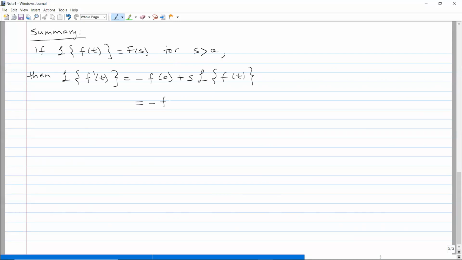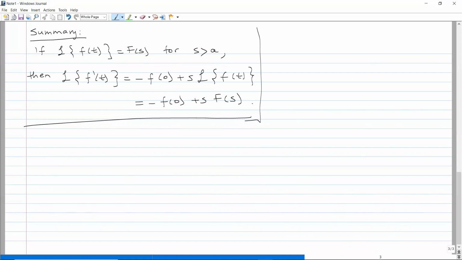So minus f of 0 plus s times capital F of s. Okay, so this is the basic result that we are going to use.